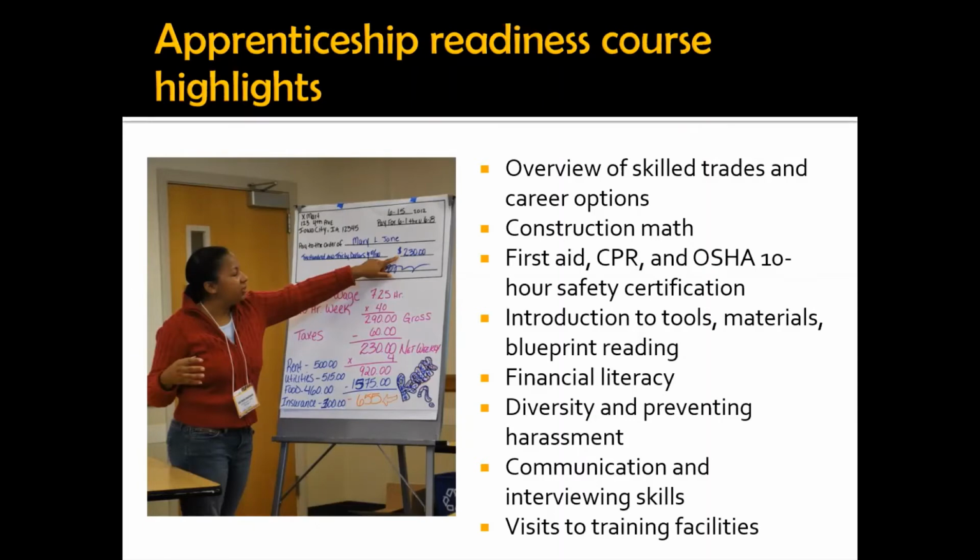We've found that there are both what you might call hard skills and soft skills that sometimes provide a barrier. So you'll see on the list of things that we teach are some things like tools, materials, and blueprint reading that are very specific skill-based, but also things like financial literacy, because trades workers are paid weekly when they work.